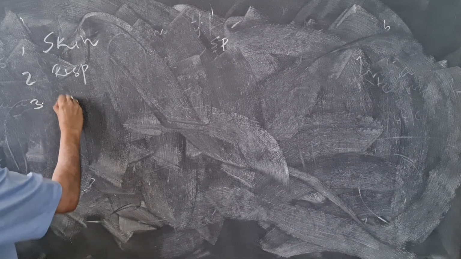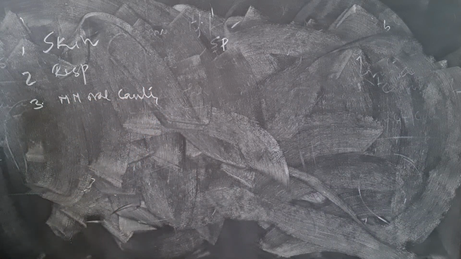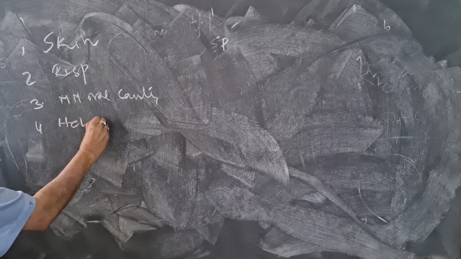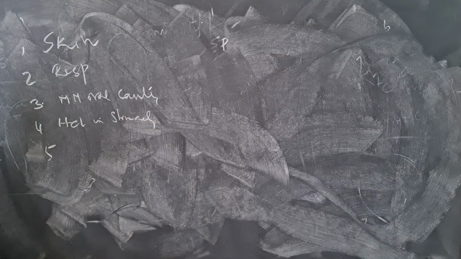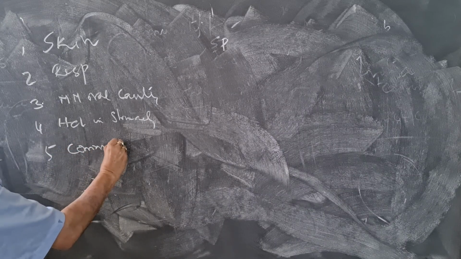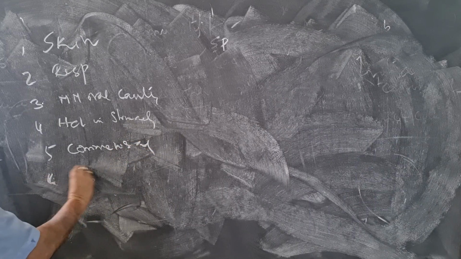Number three, oral cavity, the mucous membrane of the oral cavity, which has a lot of saliva and also a lot of antibacterial substances. Then hydrochloric acid in the stomach, and commensals in the intestine.